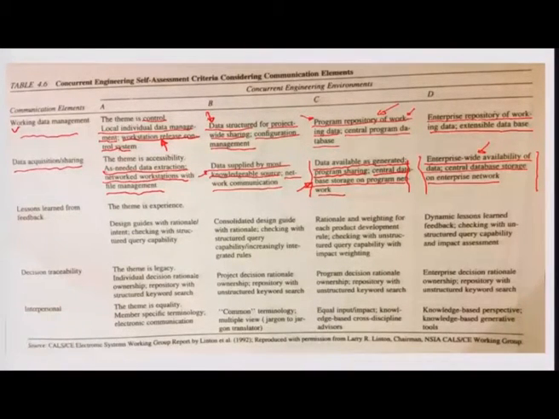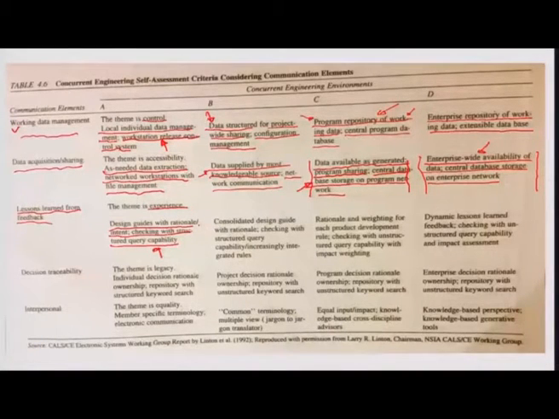Then there are communication elements related to experiential feedback, where the theme is again experience. Here there could be the first level which talks about only design guides with rational intent, checking with structured query capability, that kind of a program.